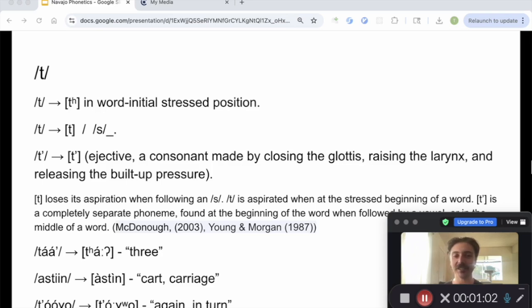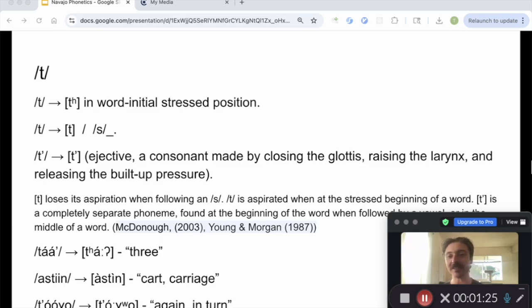It actually exists as a separate phoneme in the ejective version, often at the beginning of a word. But then there is the aspirated and the unaspirated, sort of more normal versions of T that we're used to.